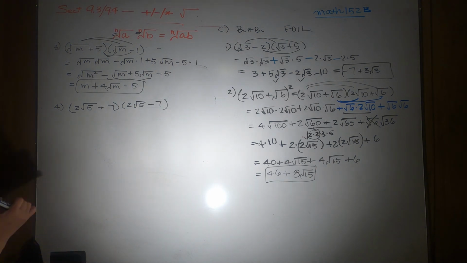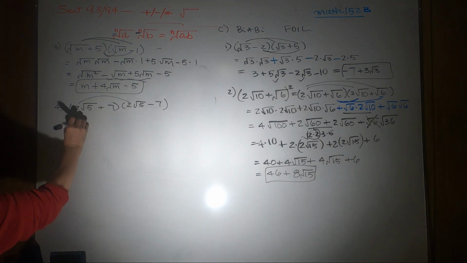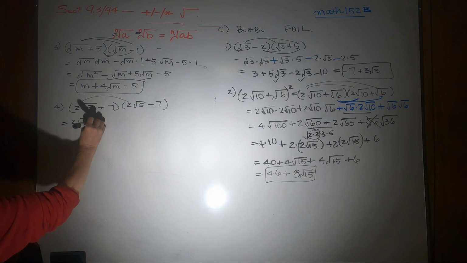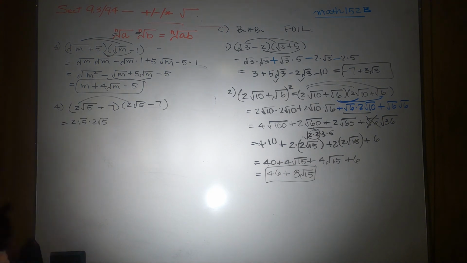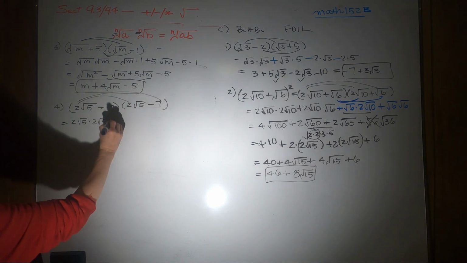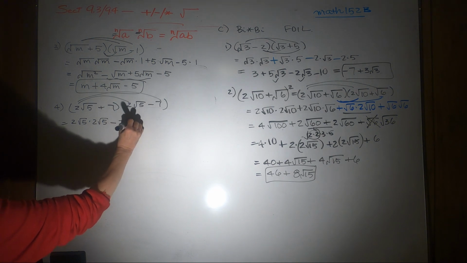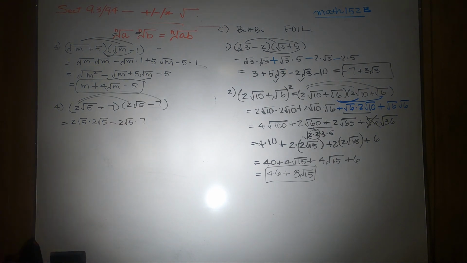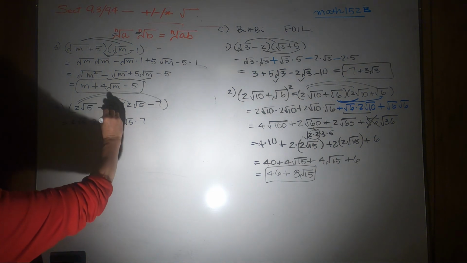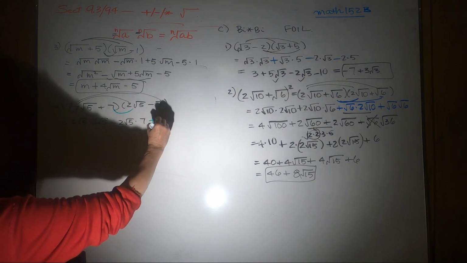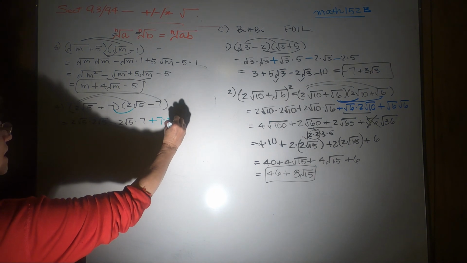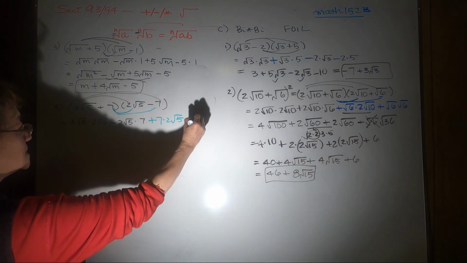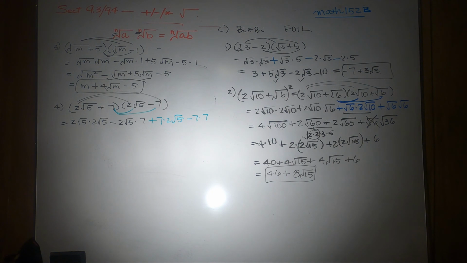Let's see what happens. First, 2 square root of 5 times 2 square root of 5. Next, minus 2 square root of 5 times 7. Then the bottom one will be plus 7 times 2 square root of 5, and minus 7 times 7.